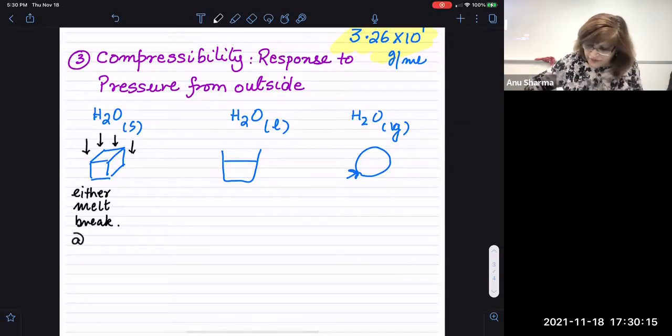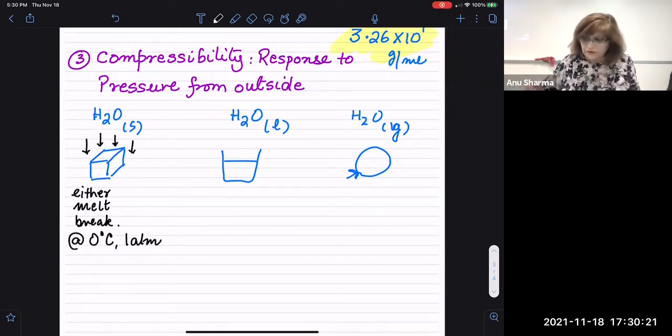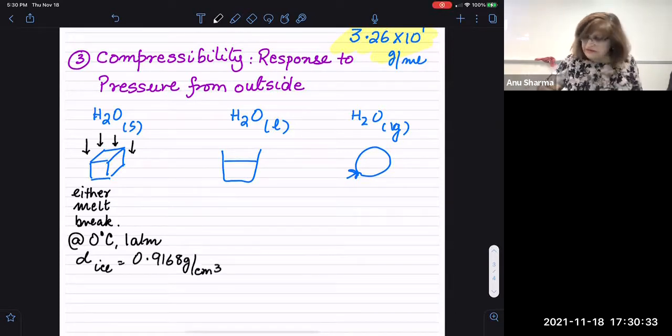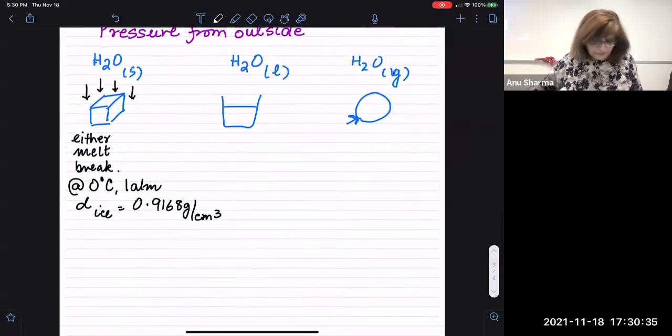Because ice is at 0 degrees Celsius and our normal pressure, 1 atmospheric pressure, we see the density of ice is 0.9168 grams per centimeter cube. This is our normal atmospheric pressure.